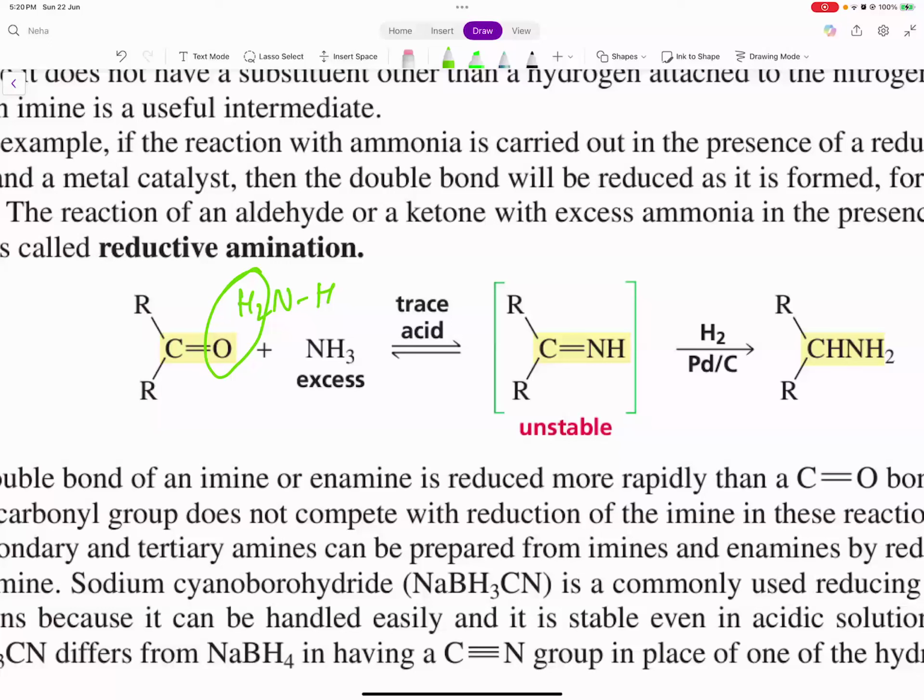So why is that unstable? This is unstable because we are not able to isolate it in the lab. I don't know why it is really unstable. But I think if it gets protonated, then what will happen? Will it be reversible? I think this is pretty reversible.